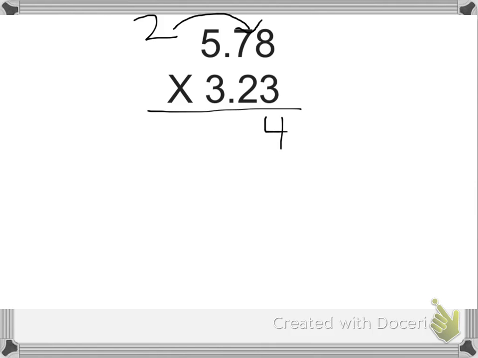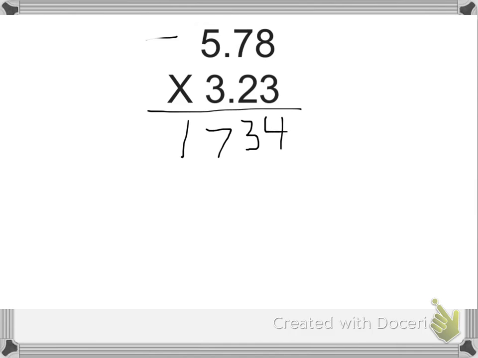And then after that, you multiply the 3 times the 7, plus the 2, so you get 23, and then carry the 2 up here, and then multiply the 3 times 5, and you get 15, and then plus 2, so you get 17. So your first part is 1734.